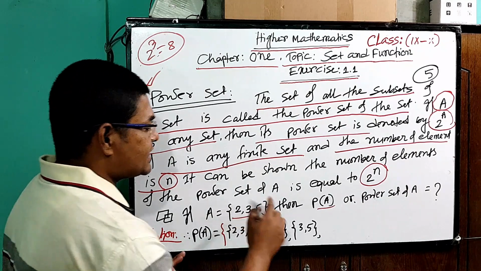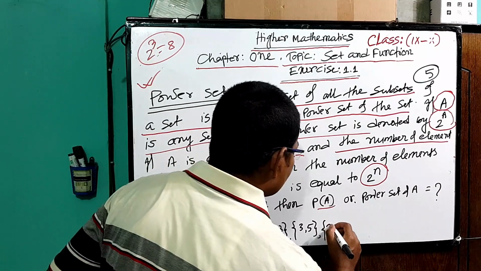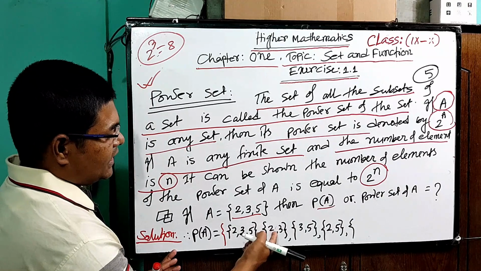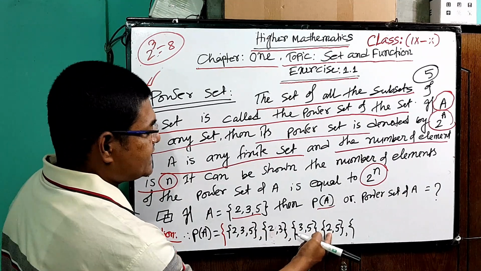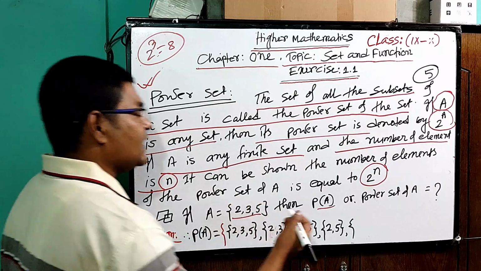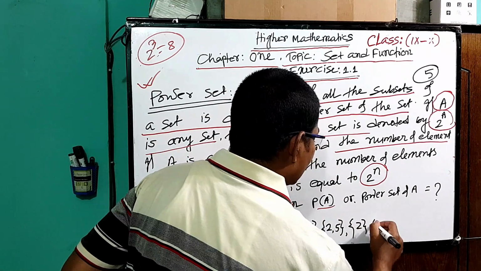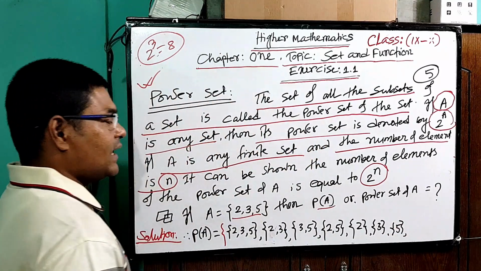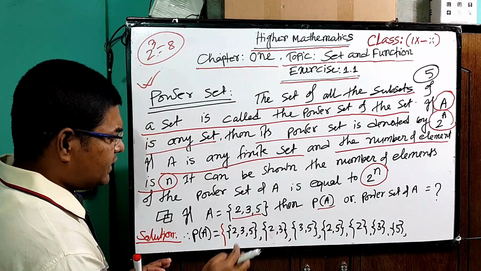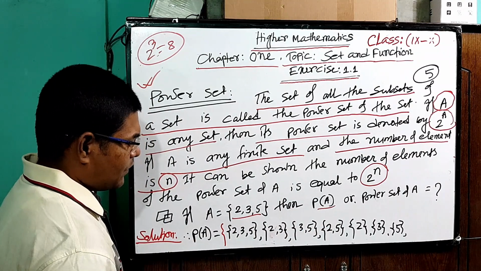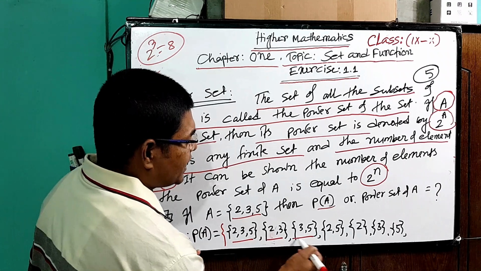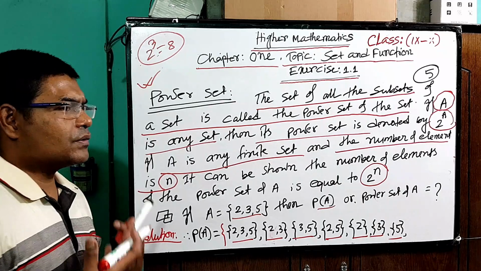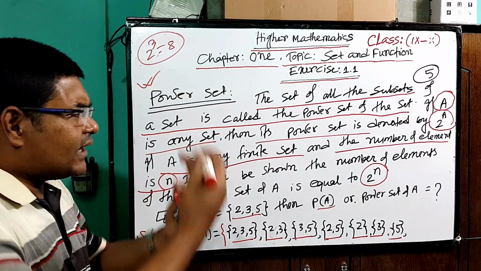This is A and this is C. So A, B, C, AB, BC, AC, then ABC. Then how many elements? Count it. 1, 2, 3, 4, 5, 6, 7. But your total will be 8. Then one empty set.